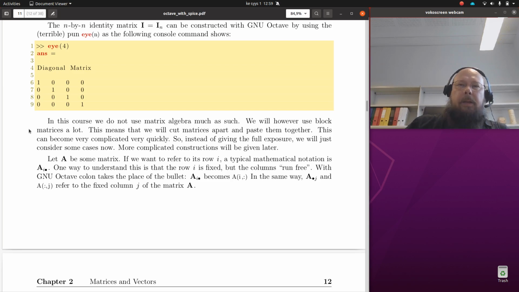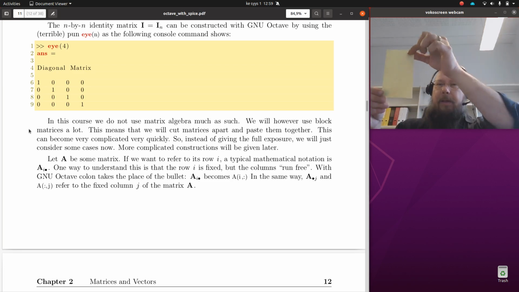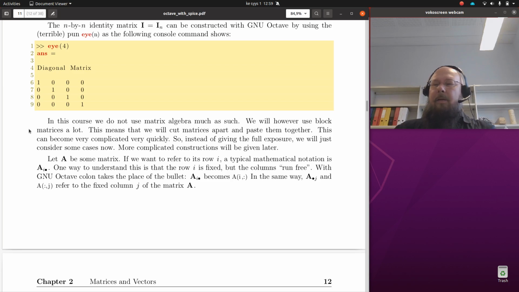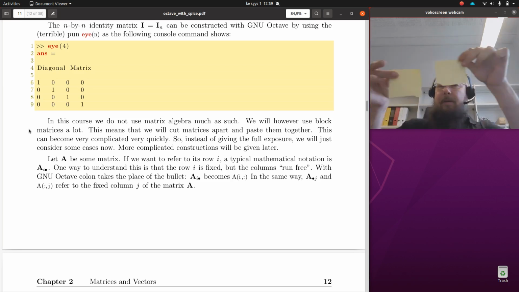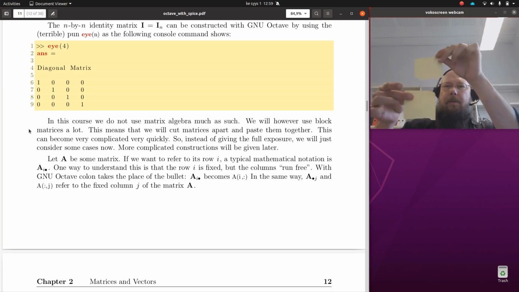So how does this work? Logically it's not so difficult, I would think, relatively straightforward. If this square here is a matrix, then splitting it into two blocks is simply like cutting it like this, and then you can paste them this way or that way or whatever.